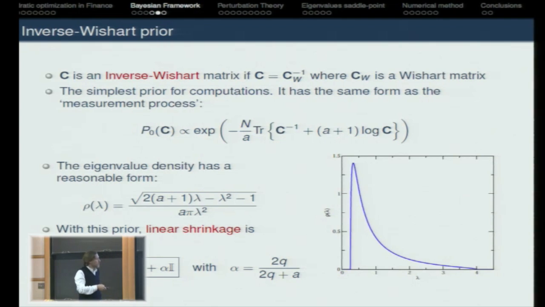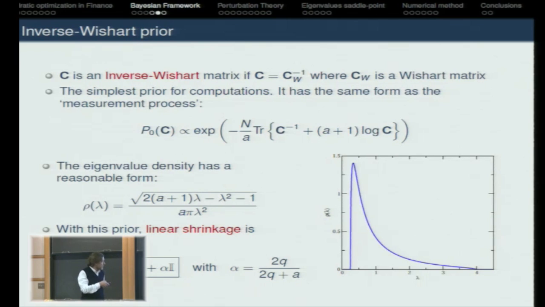In Bayesian estimation, this is essentially a signal to noise ratio. Here it's actually the noise to signal ratio. In front of E you have A over A plus 2Q, so signal over signal plus noise, which is really what you get in Bayesian estimation.